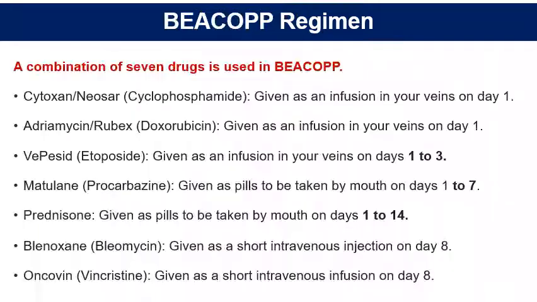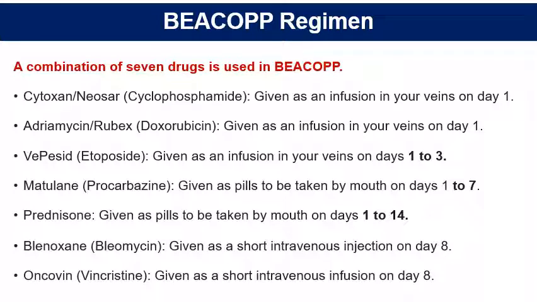And the second category is the BEACOPP regimen. BEACOPP includes a combination of 7 drugs, and this combination starts from day 1 and extends up to day 15. The first drug is cytoxan, given as an infusion through the veins on day 1.